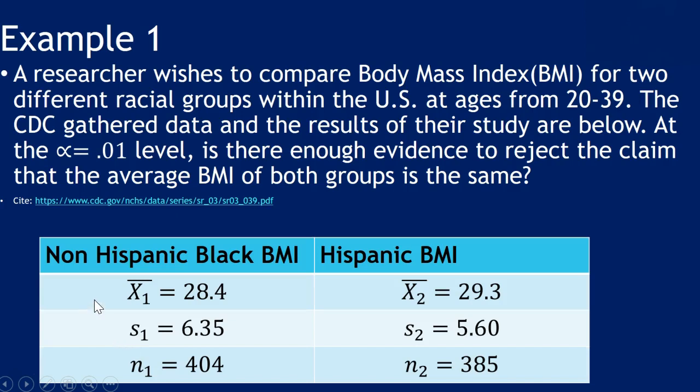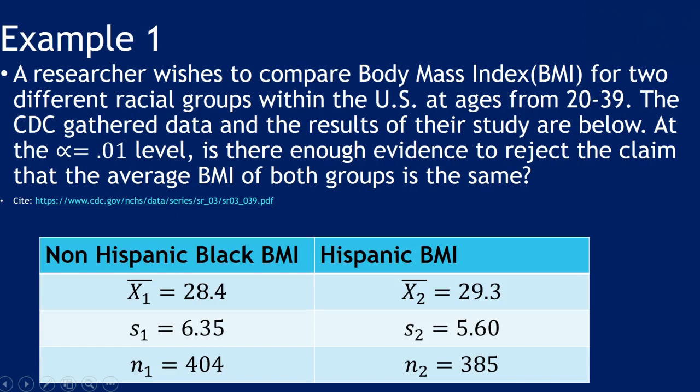Black BMI, I'm calling group 1. Hispanic BMI, I'm calling group 2. Now we're going to turn to a two-sample t-test. Why t? Because I have a sample standard deviation given to us, so we're going to utilize a two-sample t-test.